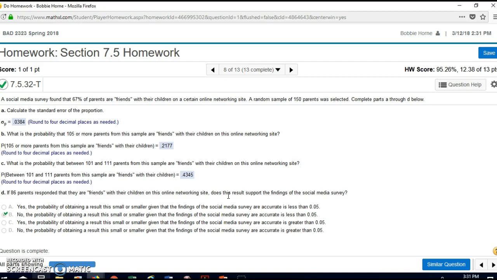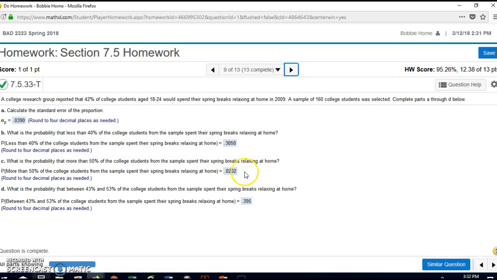I'm trying to see if I did work this one out. I don't believe I did on C, but I know I do later on. But you can actually work this out and see if the probability is less than 0.05. Let's see if I can find one where I did that. These are all self-explanatory, same types of problems.